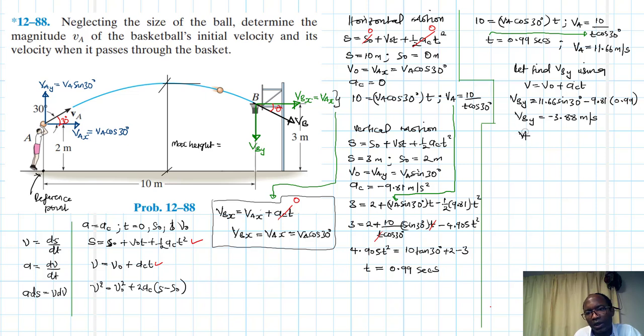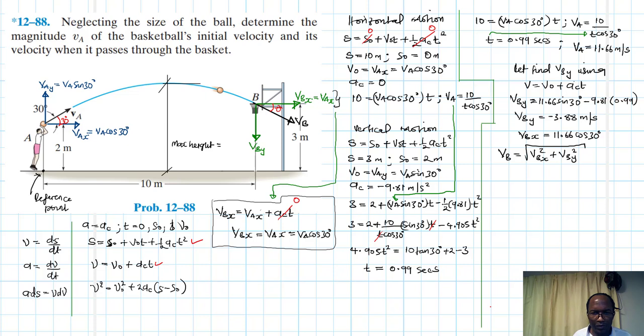And then we also know that our VBX is just equal to 11.66 cos 30, and we'll leave it like this so that we don't round it off so much. Therefore VB will be equal to the square root of VBX squared plus VBY squared.